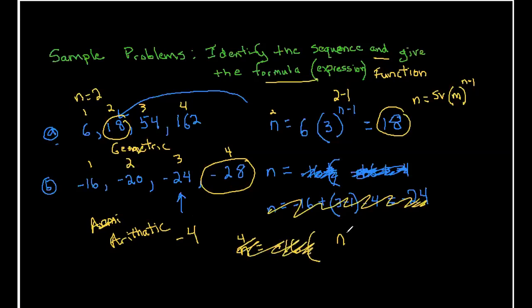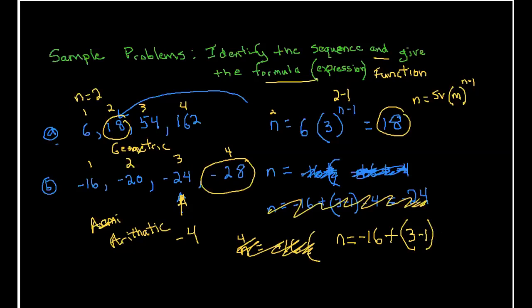I apologize. n equals the starting value, negative 16, plus, okay, let's say I was trying to find this third term here. That's what I was doing here in blue. This third term here. Then I would go in parentheses n minus 1, which is in this case 3 minus 1, times what did I do each time?